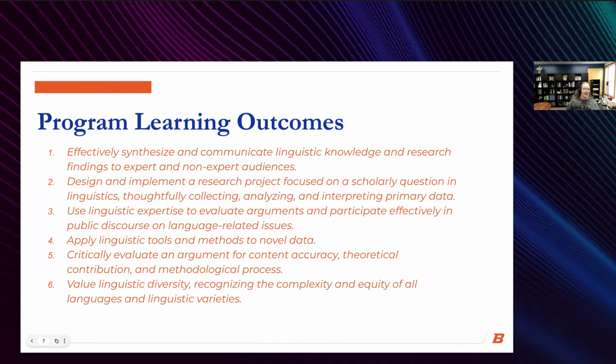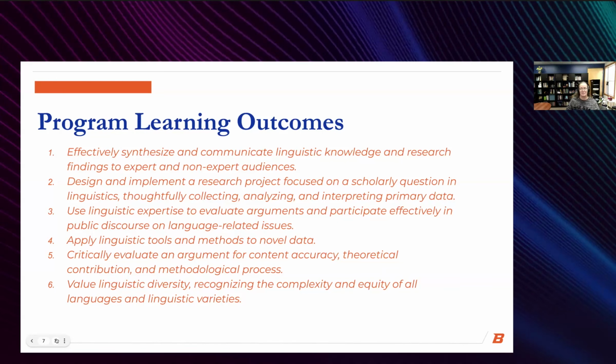I will say that program learning outcome number 3 and number 5 have been the focus of a lot of our work. So evaluating arguments, and then evaluating them for different things, right?